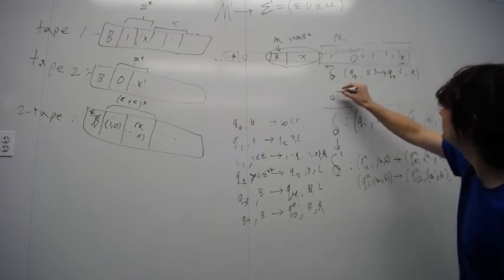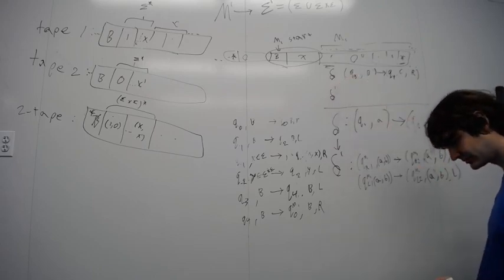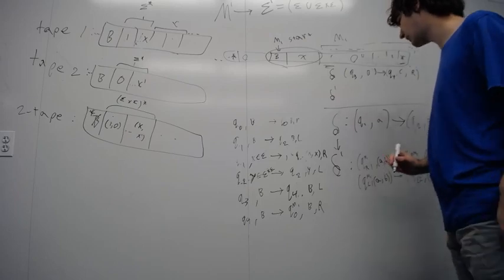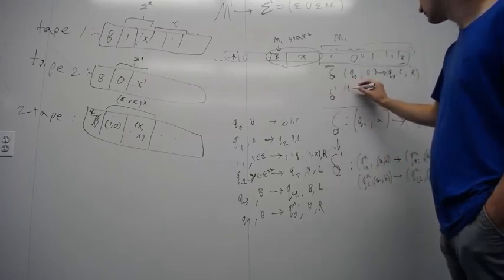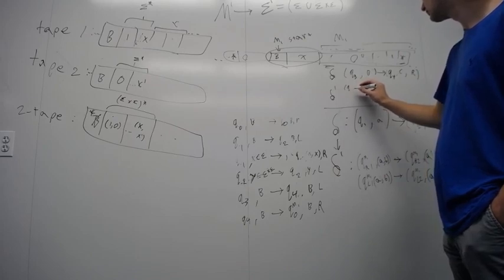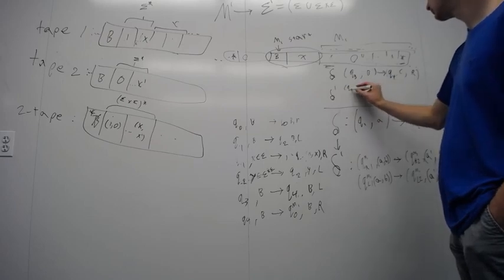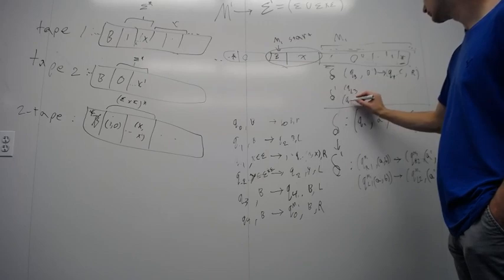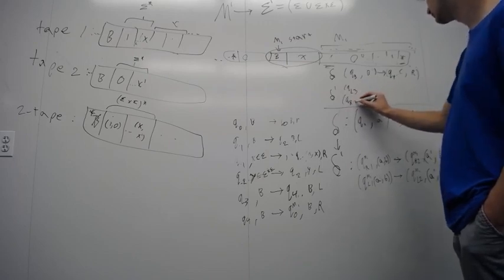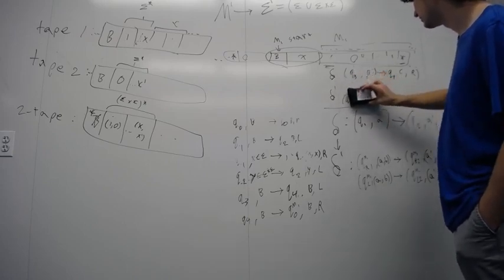For every transition on a blank, I did it backwards. I'm going to do it the same way as below.